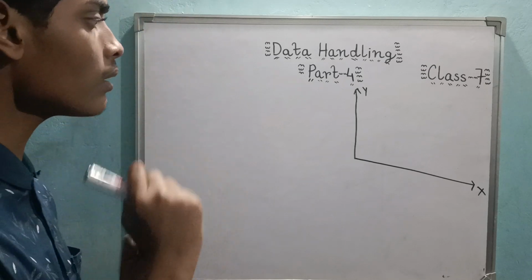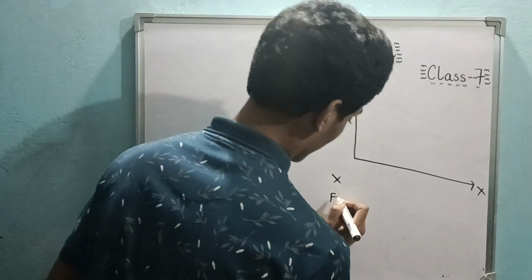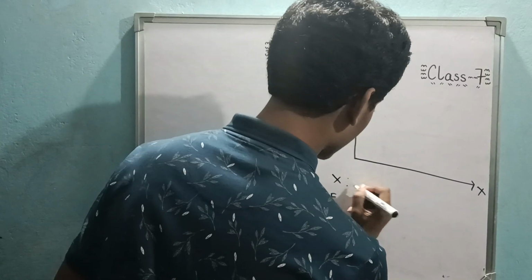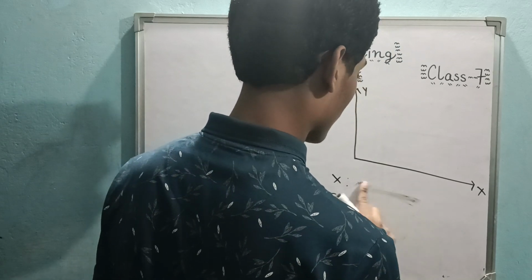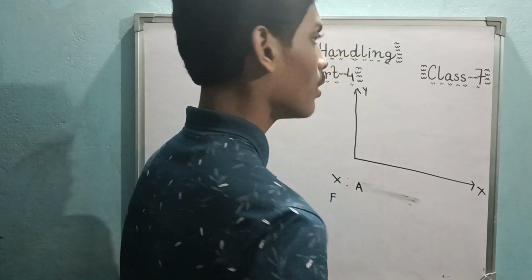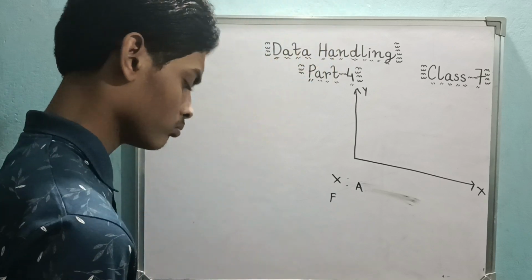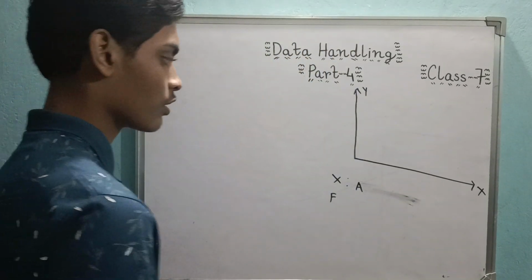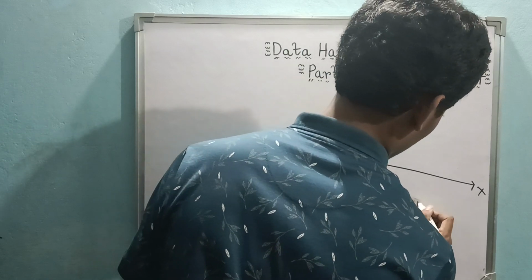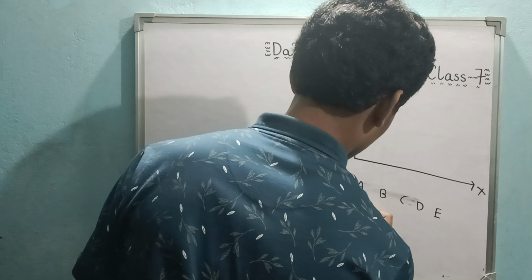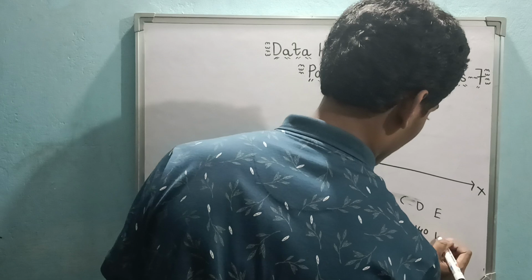Now, when you are considering the bar graph, we have two parts. First is x and second is f. X will be what? The data values given to you. Suppose, height of students. Suppose 5 students are there, A, B, C, D, E, and the respective heights are 160, 180, 190, 140, 150.